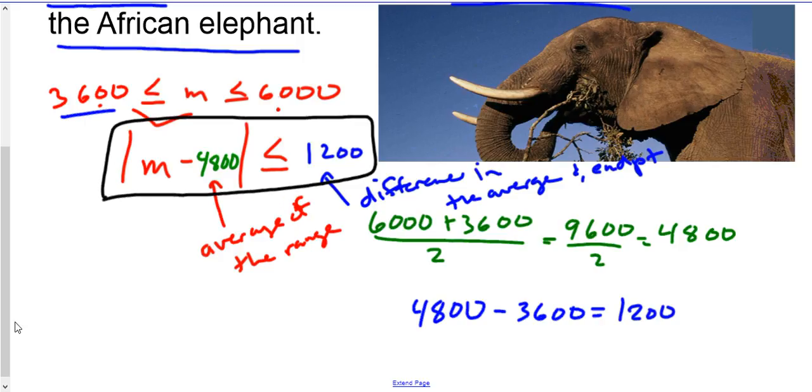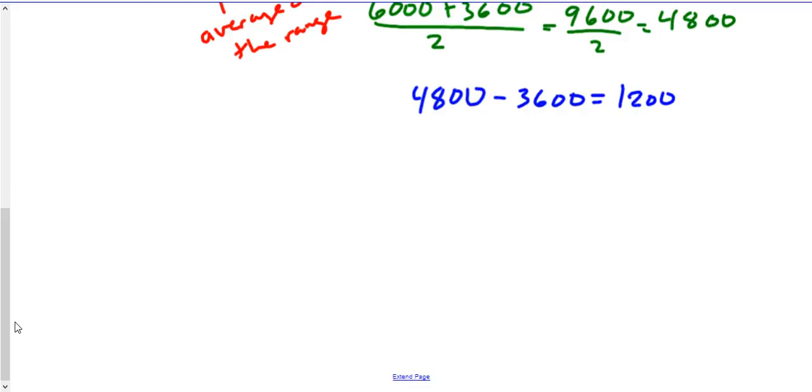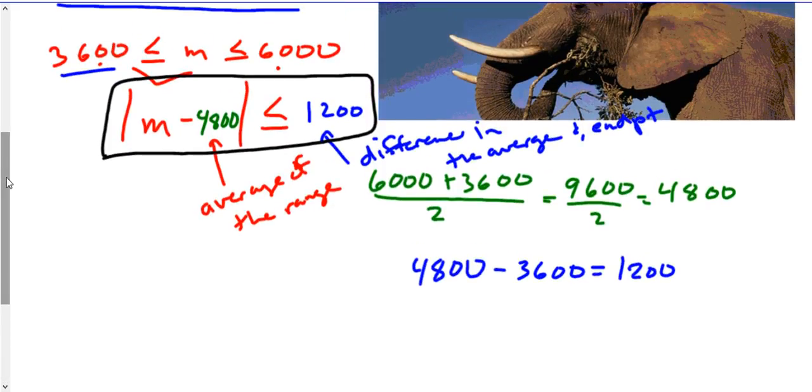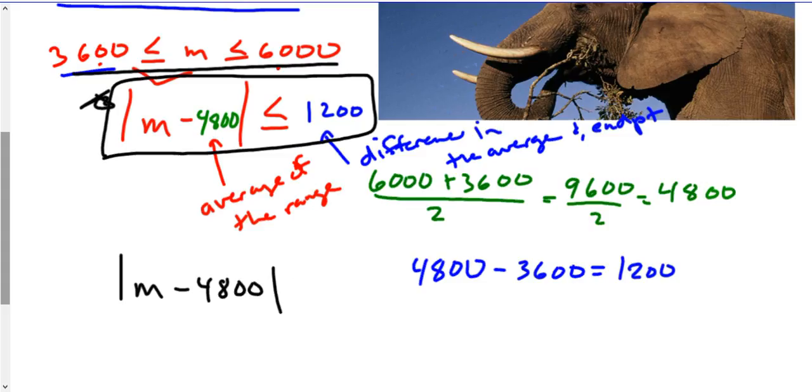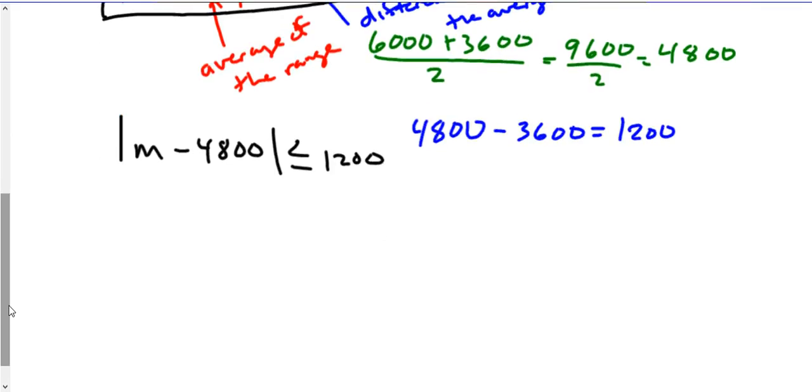To verify that that is correct, we're going to solve this, and what we should get is back to our original range. So this is going to be our answer. I'm going to check it by solving this and creating an inequality.